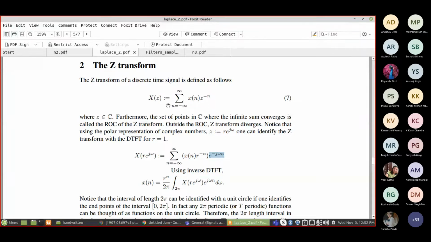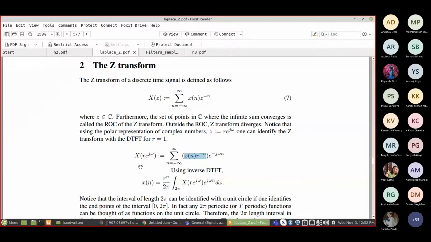Z is a complex number, and let's substitute a polar representation for it. Z is r times e to the power j omega. So r to the power minus n we are combining with x of n, and now this is just the DTFT of this signal.